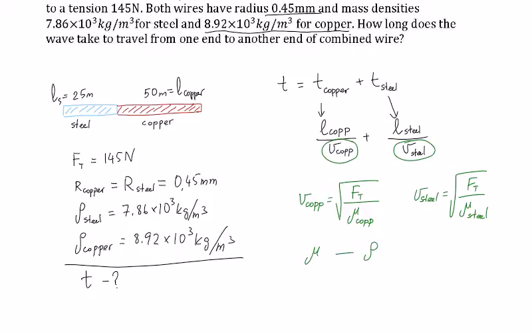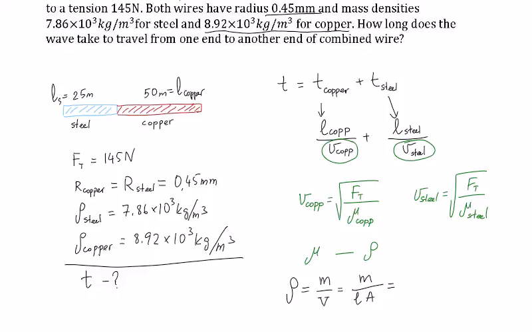Okay, so the mass density in general, volume mass density. Let's recall the definition of density. We know volume density is mass per volume. And the volume of the wire would be the length of the wire times the cross-sectional area.